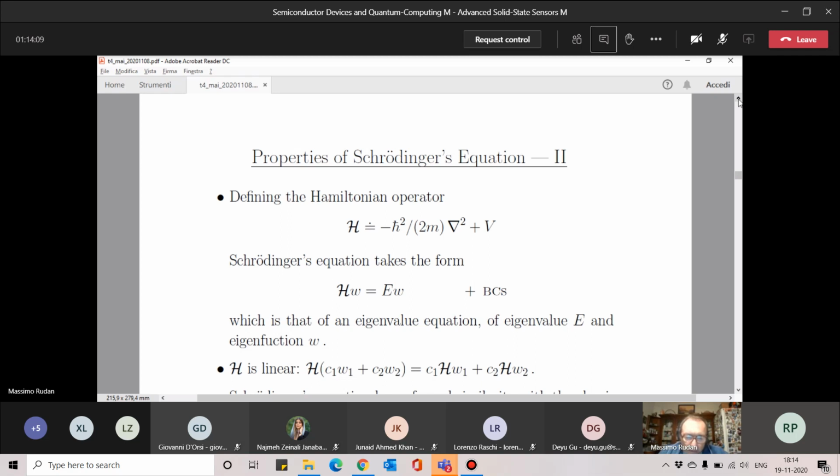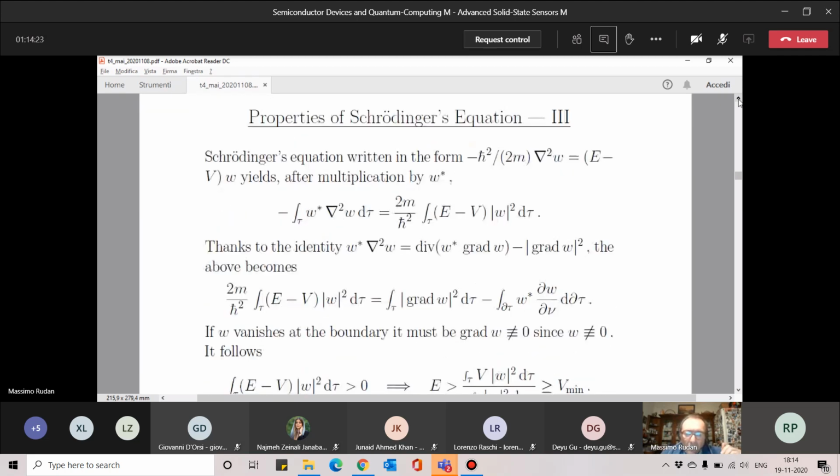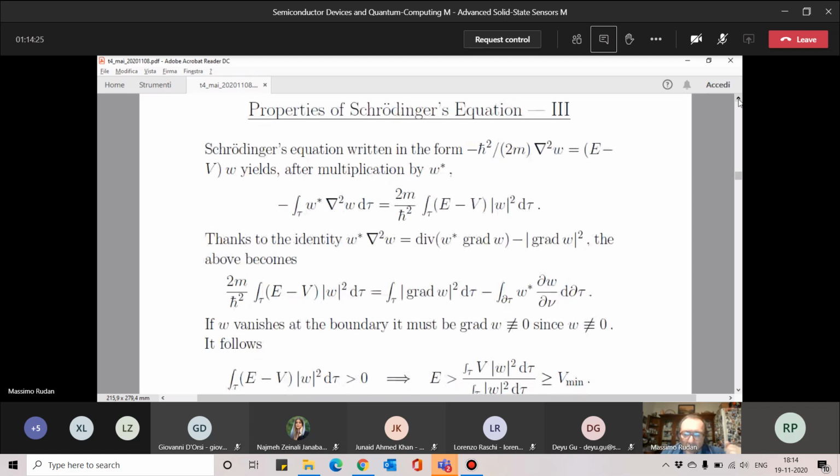After that, you integrate both sides over the full space, okay? So what you obtain is this. Oh, before doing that, you bring the potential energy to the right-hand side.